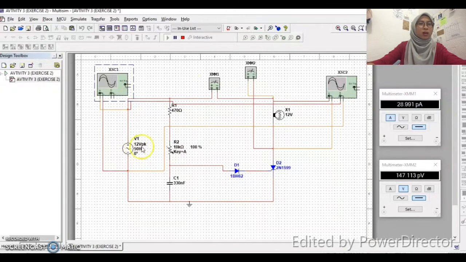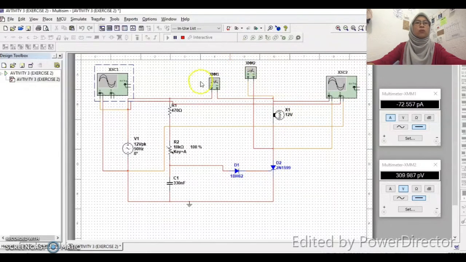We have an AC supply with 12 volt peak and frequency of 50 hertz, and then a resistor of 470 ohm, and a variable resistor of 10 kilo ohm. Then we have a capacitor of 330 nanofarad, and this is the SCR, which is 1BH62, and the diode we use is 2N1599, and then a lamp, which is the load.